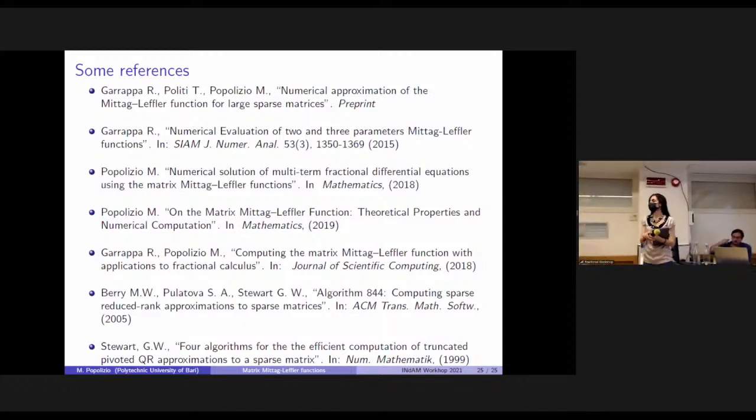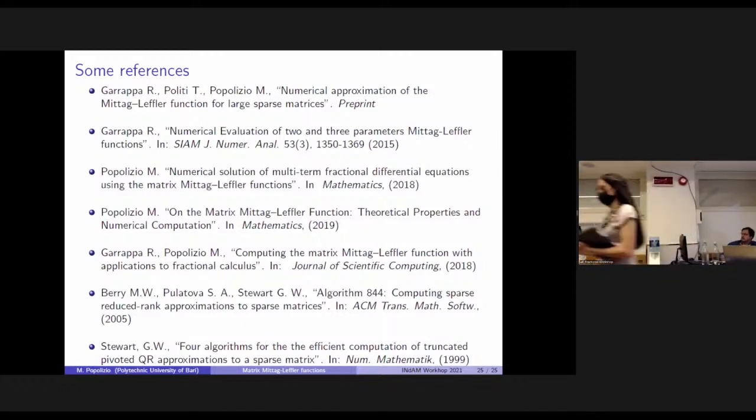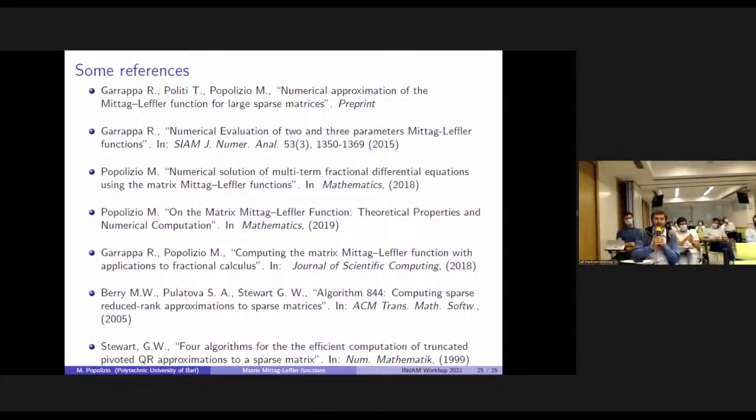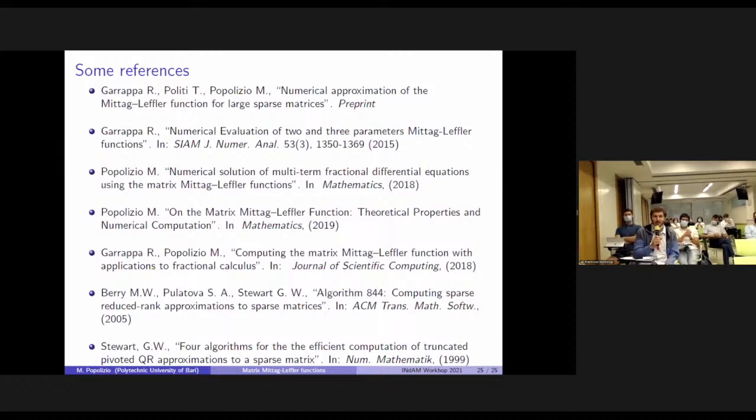So, comments? Just a curiosity, if you can explain how the low-rank approximation algorithm works for that matrix. As far as I get, you have a sparse and low-rank matrix to approximate.